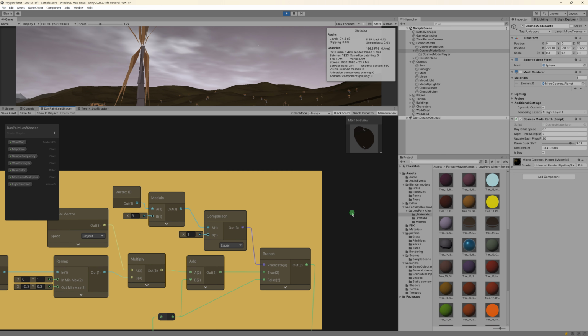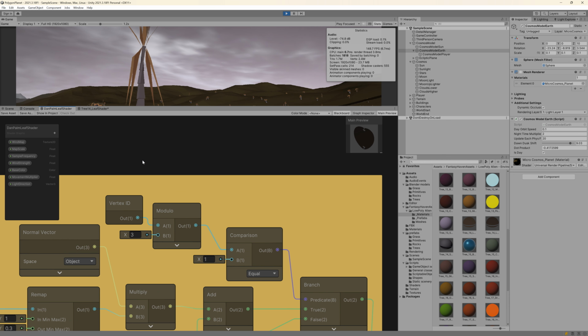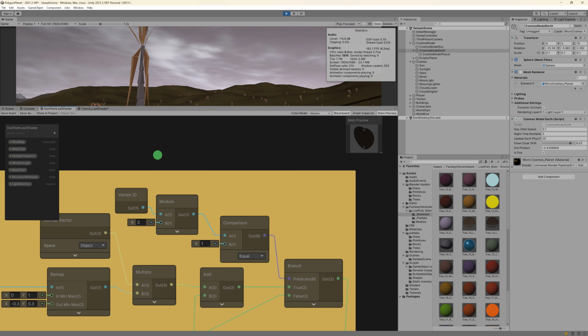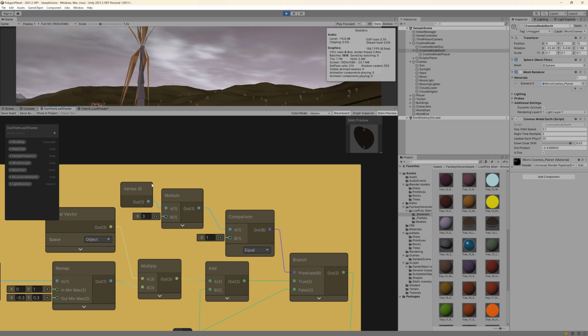So how do we know if it's the tip of the frond? Well, when I was designing these trees, I made sure that the fronds were triangles, and because I designed it in Blender, I made sure that the tip of each frond is the third vertex, or a multiple of 3.